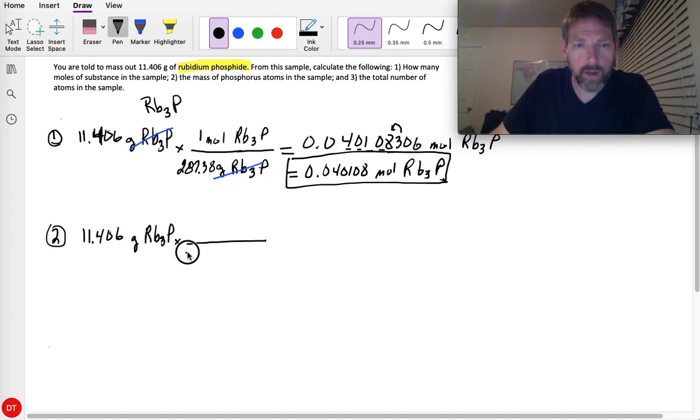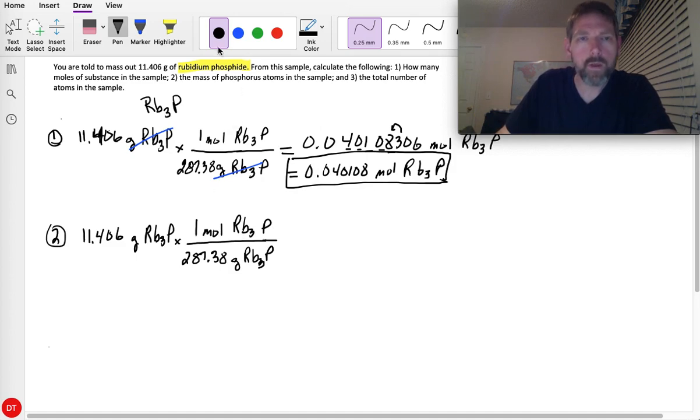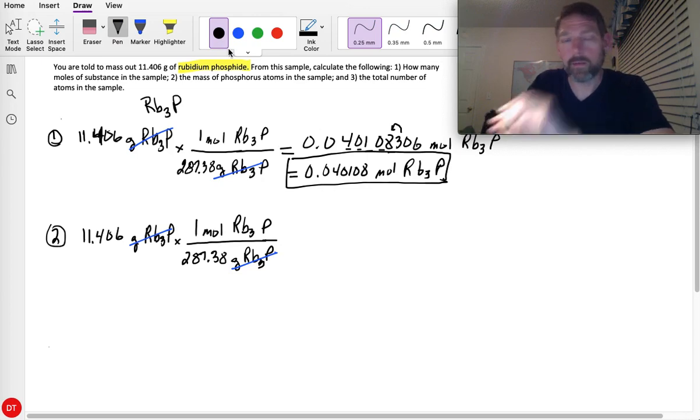We already know that we've got 287.38 grams of rubidium phosphide, right? For every 1 mole. So we know its molar mass, right? And remember, we've got to take care of business. Cancel out units.